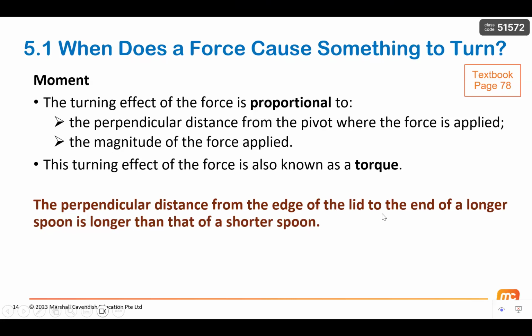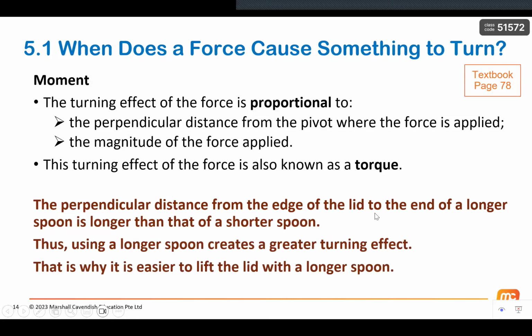So with a larger perpendicular distance, I will have a greater moment or a greater turning effect. A greater turning effect means that the spoon will turn even more. So it is easier to lift up the lid with this longer spoon.